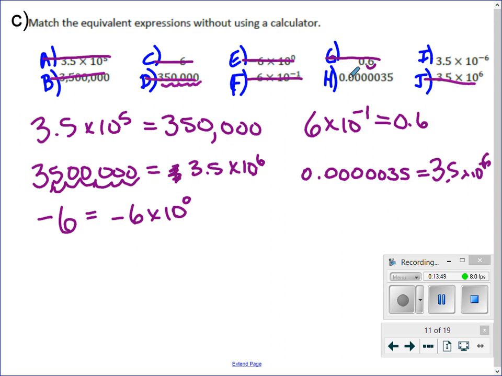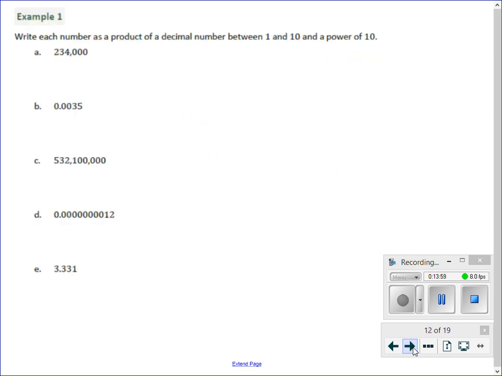I'm going to move this to the right. 1, 2, 3, 4, 5, 6. And when I move it to the right, it's a minus. So this is in the module also. Write a number as a decimal between 1 and 10 with the power of 10, which is scientific notation.